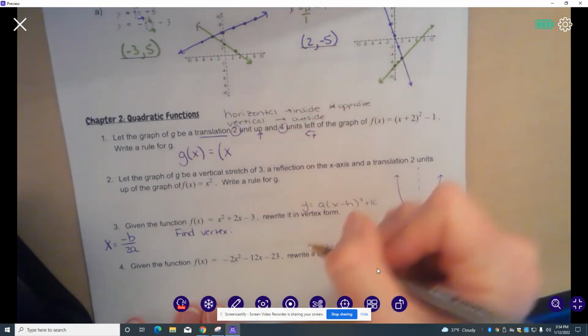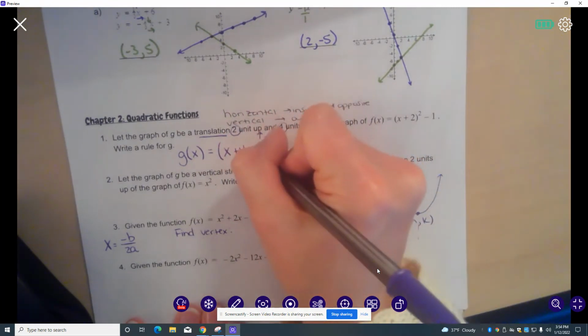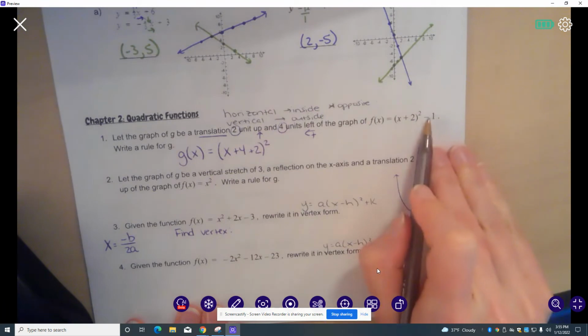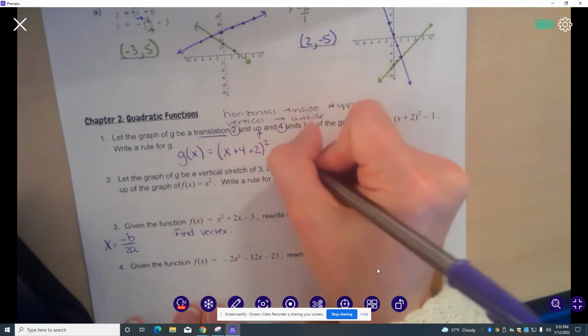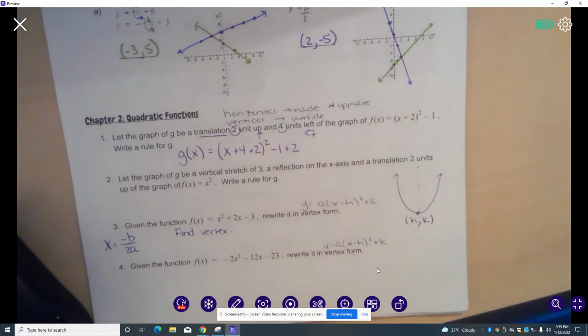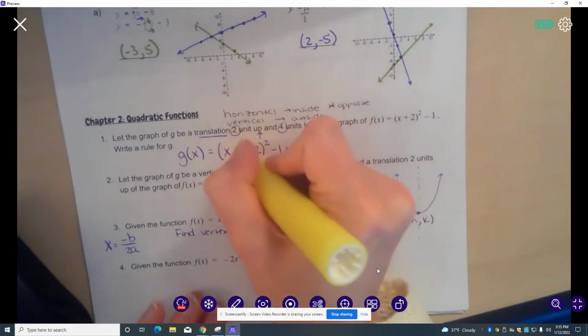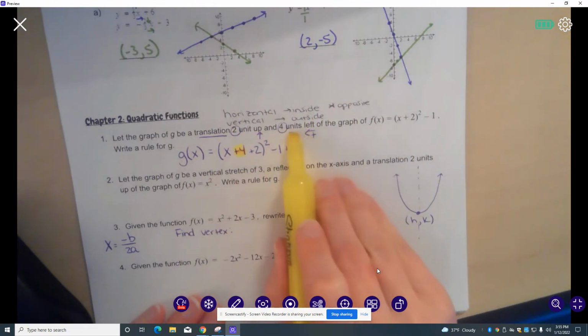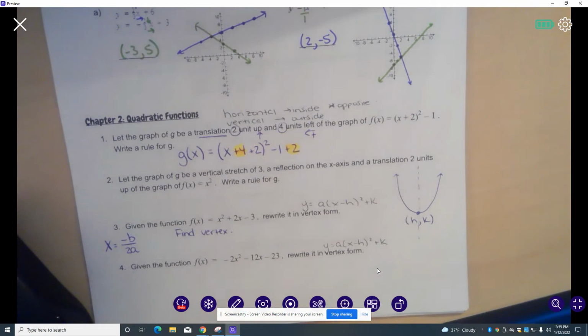That's the opposite of what we think. And on the outside of my function, I'm going to be adding 2 because I'm shifting up. Okay? So this plus 4 on the inside of the function came from the horizontal shift left, and this plus 2 came from the vertical shift up.